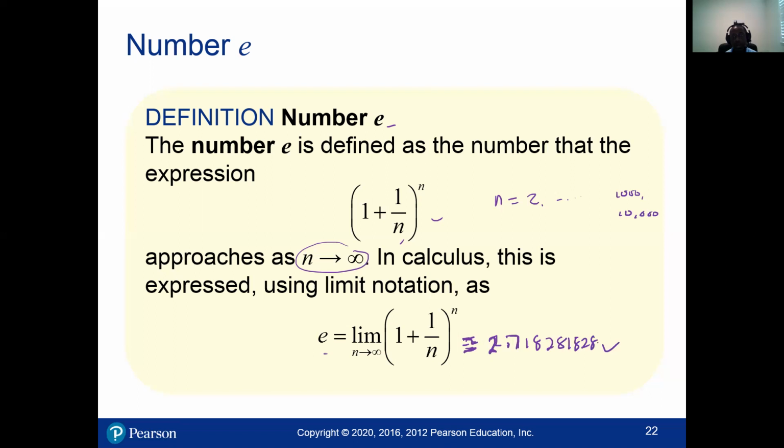So we can have an exponential function of the form e raised to x. When you see e raised to x, this is the value of e. It continues, it doesn't stop. It's a repeated decimal expression.